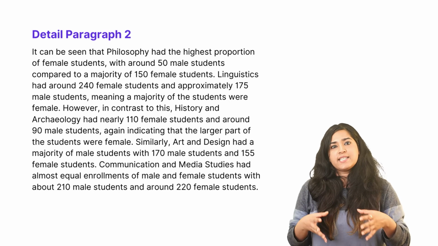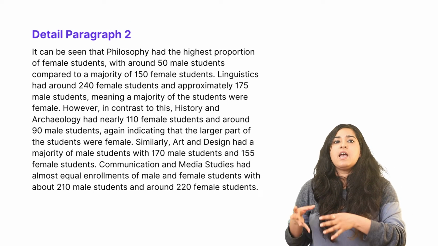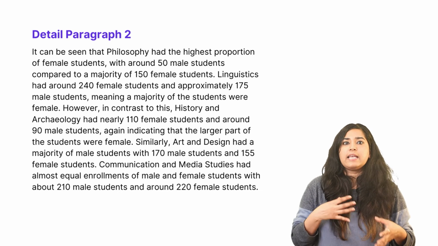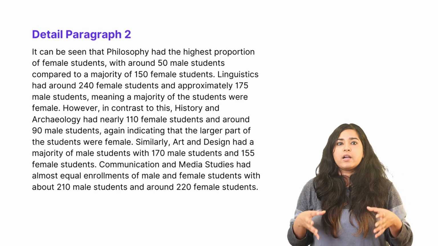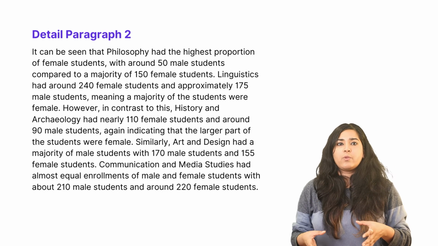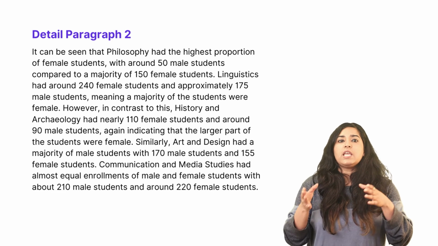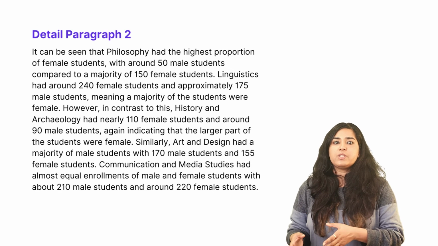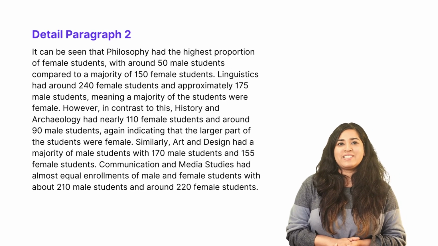However, in contrast to this, history and archaeology had nearly 110 female students and around 90 male students, again indicating that the larger part of the students were female. Similarly, art and design had a majority of male students with 170 male students and 155 female students. Communication and media studies had almost equal enrollments of male and female students with about 210 male students and around 220 female students. Okay, now if we put this all together, it would look and read like this.